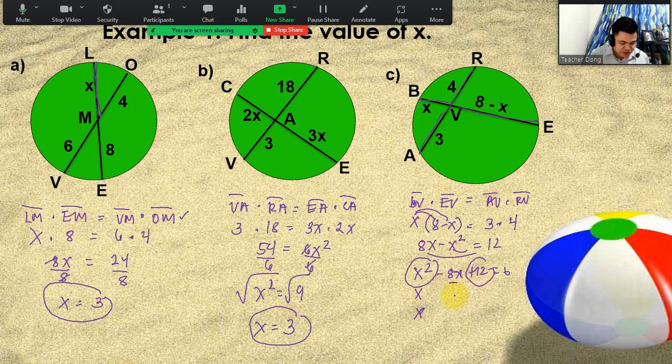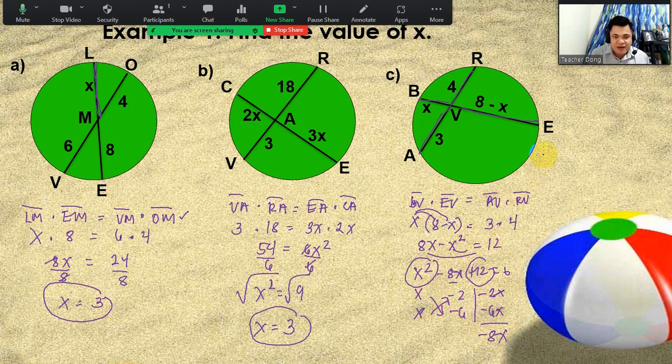So let's try using negative 2 and negative 6. If these factors will not work, use other factors. So x times negative 2 is negative 2x, and x times negative 6 is negative 6x. Then just add them, you will be getting negative 8x. So it means that the factors are correct.